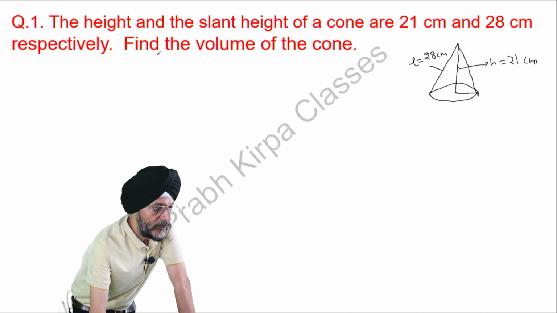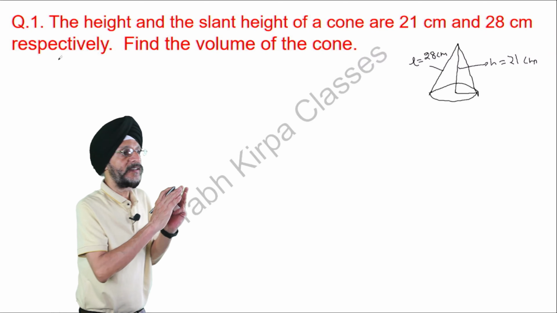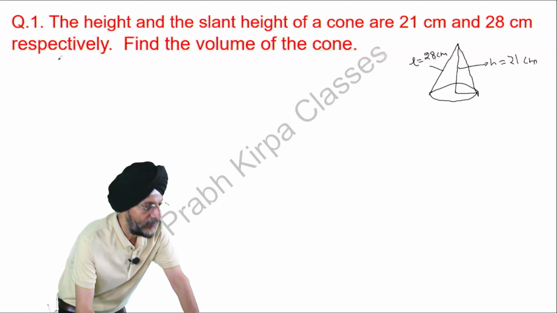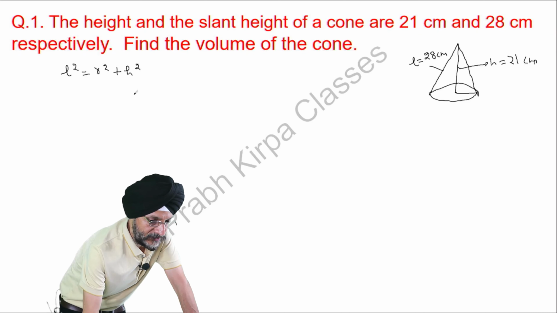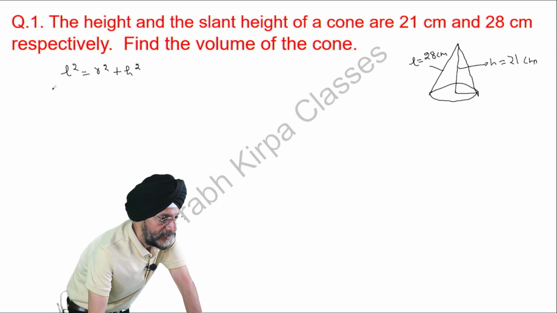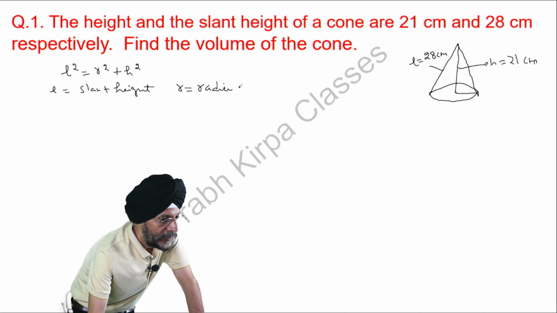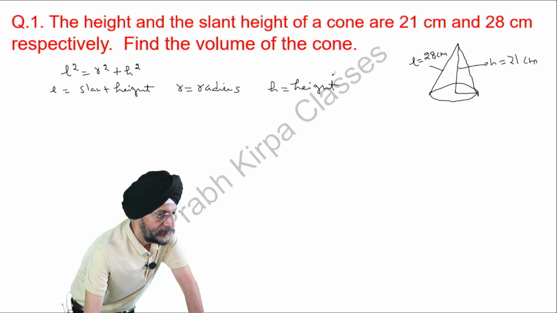Now we are to find the volume of the cone. By applying the Pythagorean theorem, we understand that there is a relationship between slant height, height and radius, and the formula for the same is L square is equal to R square plus H square, where L represents the slant height, R stands for radius, and H stands for height.